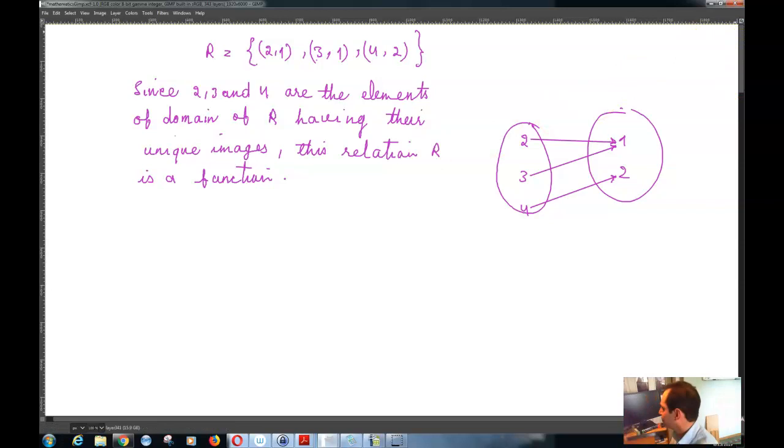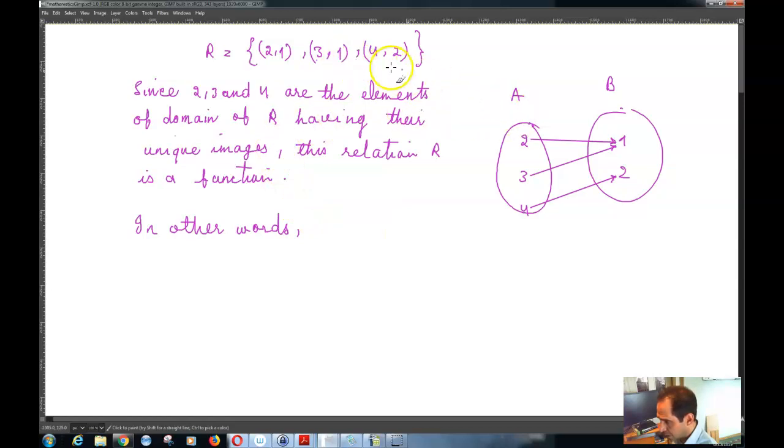In the second definition that we used for these functions, we said that in other words, a function f is a relation from a non-empty set A to a non-empty set B, such that the domain of f is A, and no two distinct ordered pairs in f have the same first element.